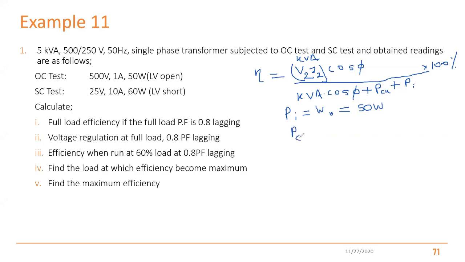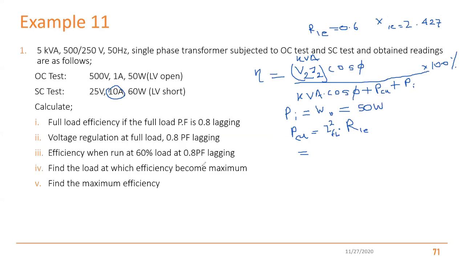So P copper, I can write as I full load squared into the resistance, R1E. Earlier I found R1E as 0.6 and the other one as 2.427, right? So you can understand that this is the rated current.